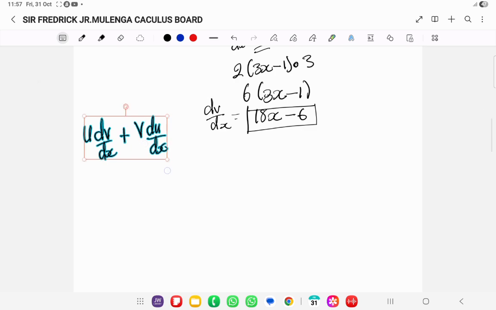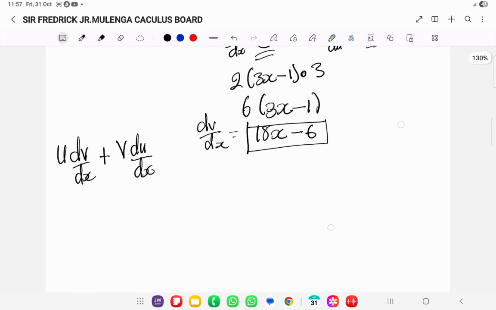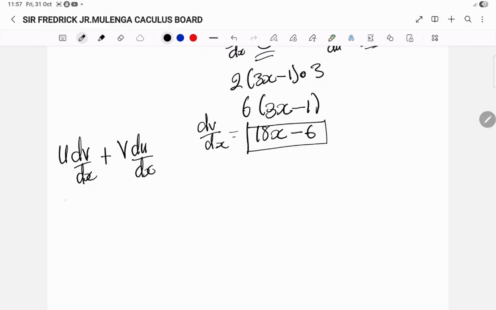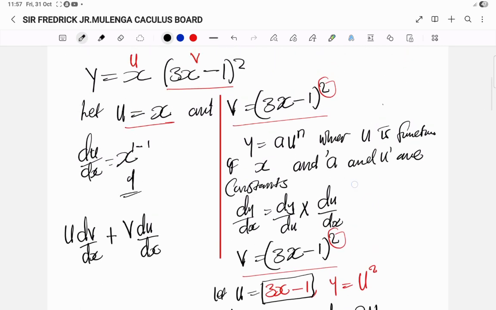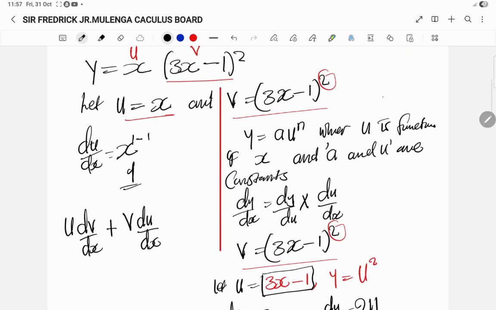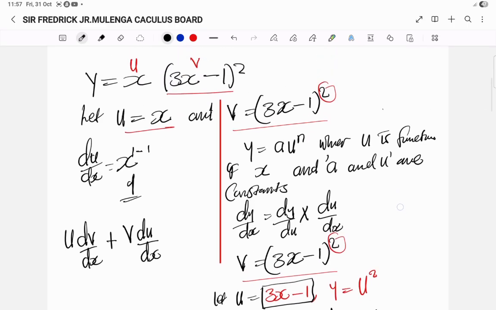So I'll put x where there is u, then dv/dx. What am I going to do? I'm going to replace this there. So dv/dx is 18x minus 6. Close bracket, then plus, what is v? So our v from this equation is that. So I'll simply put these things inside there the way it is.